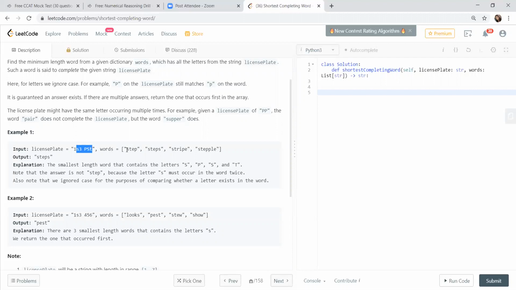If it is present, then whatever the length, it's an answer.